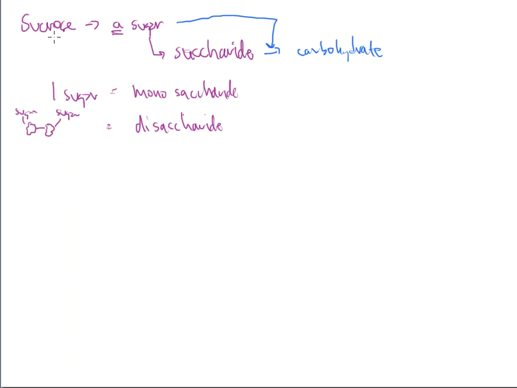So if I look at this sucrose structure, if I look at the chemical breakdown of sucrose, or really table sugar, because that's the particular type of sugar that we're looking at, table sugar is basically made from raw sugar. All right, so raw sugar, what does that mean?